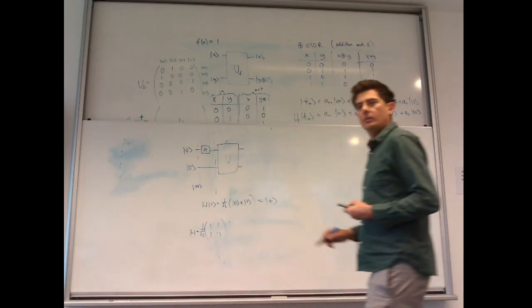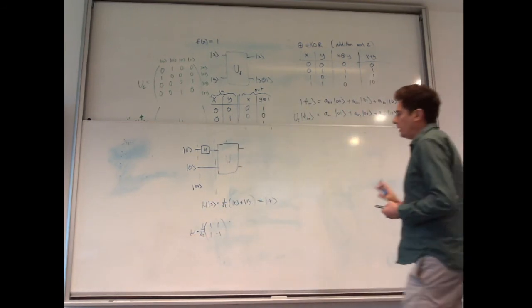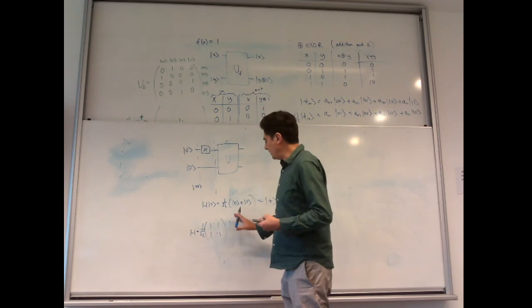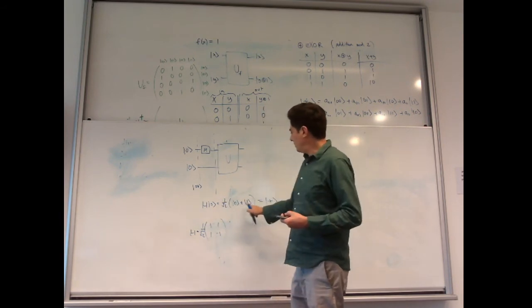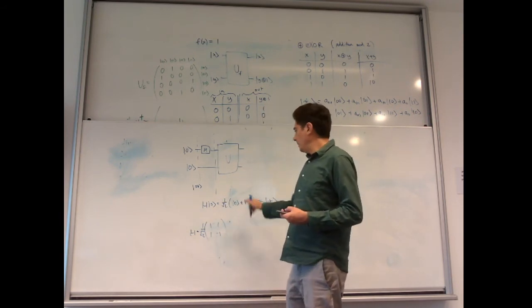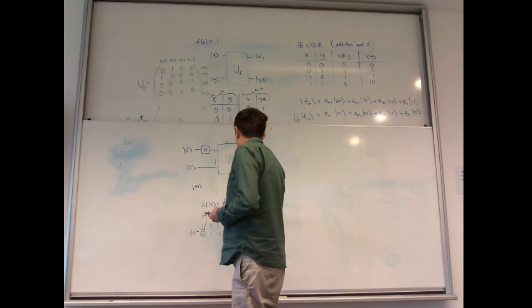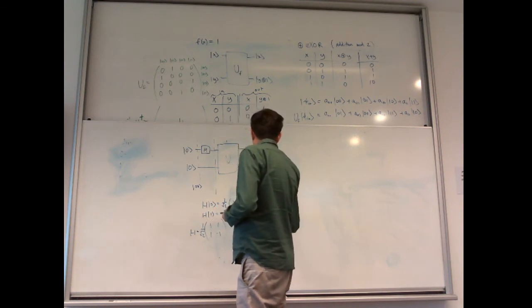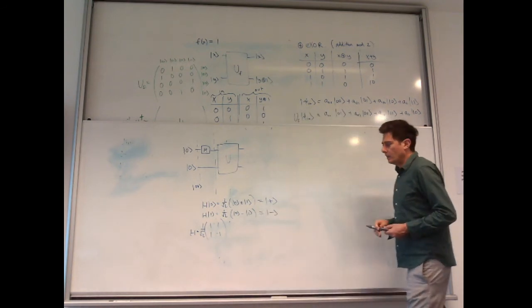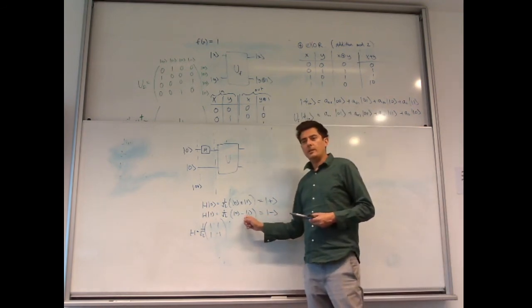If you start in the state 0, it creates this 0 plus 1 state. If you started in state 1, which is not the case here, then you create the other superposition state with a minus sign in it.